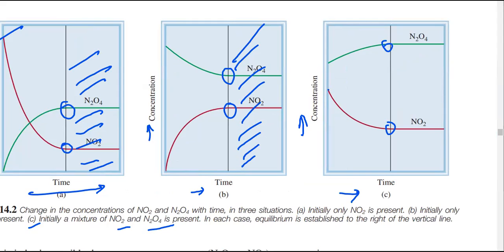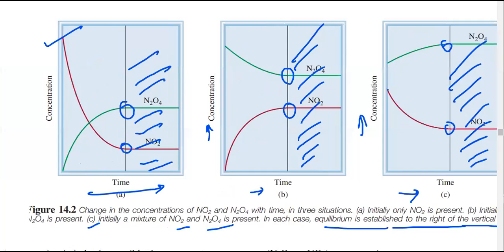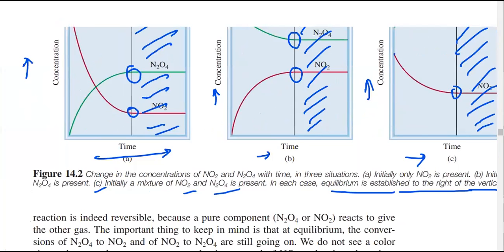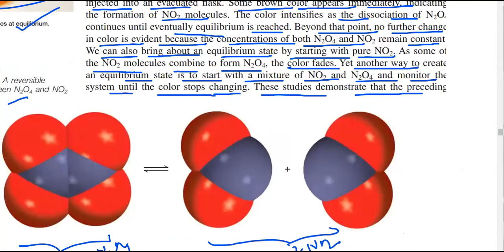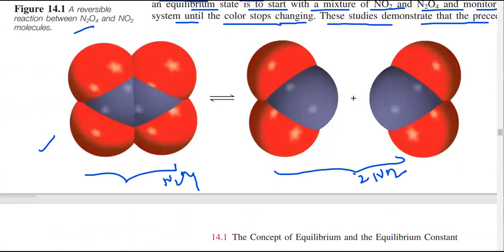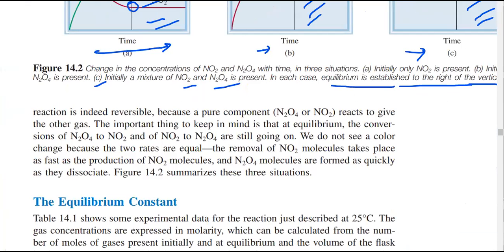So in each case, equilibrium is established to the right of the vertical line, which is the part I have shared here. These studies demonstrate that the preceding reaction, N2O4 to NO2, is indeed a reversible reaction, because the pure component reacts to give the other gas.